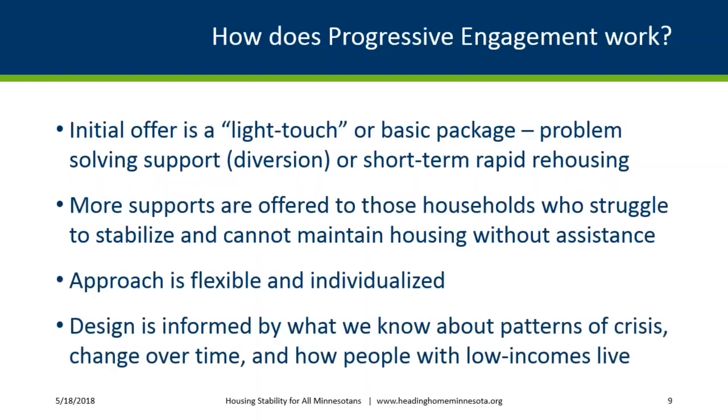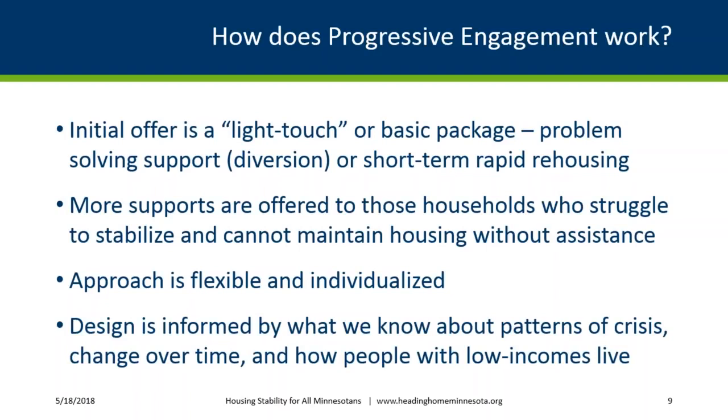So basically, how it works is that we initially make an offer of some kind of light touch or basic package of services and support. That could be something like problem-solving support or diversion when people first begin to say, hey, I'm experiencing a housing crisis. We could be looking at what we can do today that might help you, maybe a little bit of money, maybe a little bit of support.